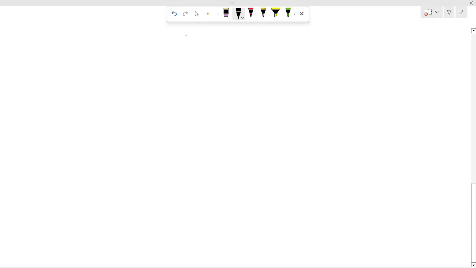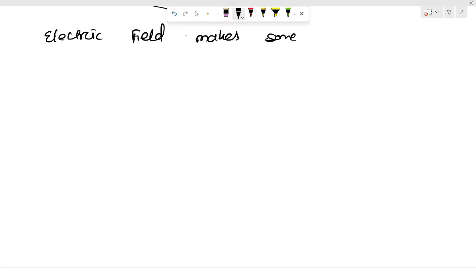So how will it be if my electric field makes some angle with the surface vector?